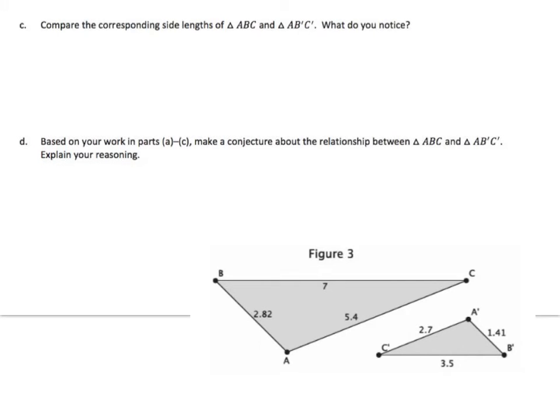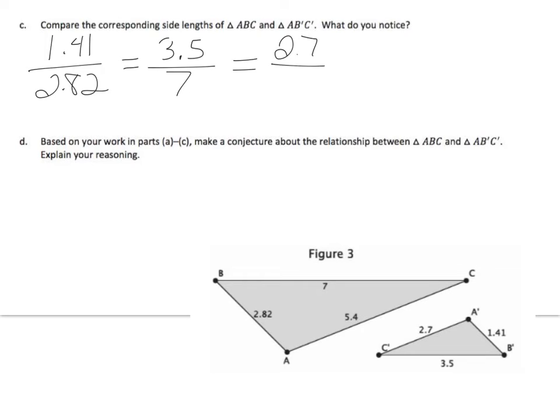So A to B, I have 1.41, A prime, B prime, 2.82. That looks like a factor of 2. Let's check B prime, C prime, 3.5, and then BC is 7. That looks like a scale factor of 2. And then the last one is A prime, C prime over 5.4, against 2.7.